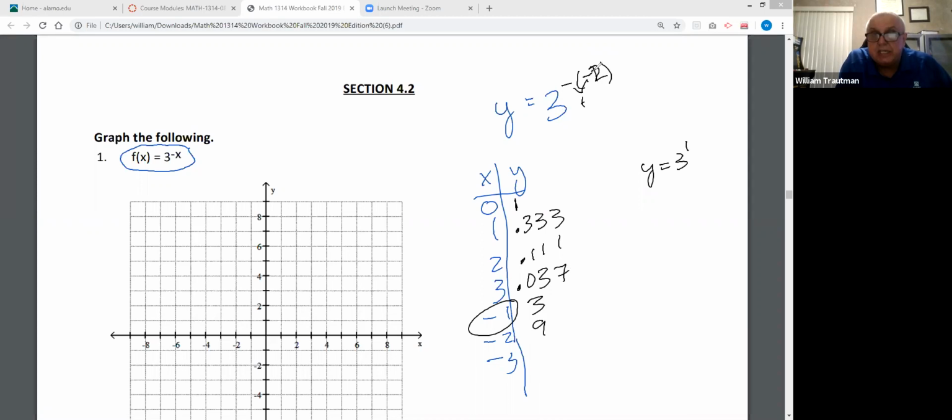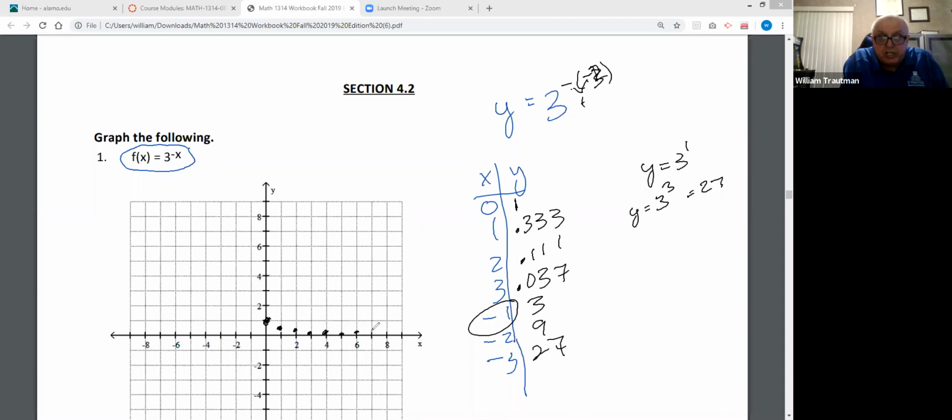And 3 to the -3, negative changes to the positive, and 3 to the 3rd power equals 27. So let's see what this graph does when the negative is in front of it. I get 0, 1. I get 1.33, 2, and then I get closer and closer.